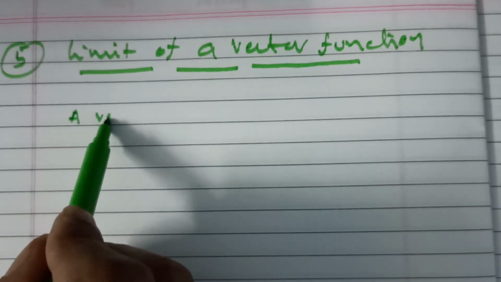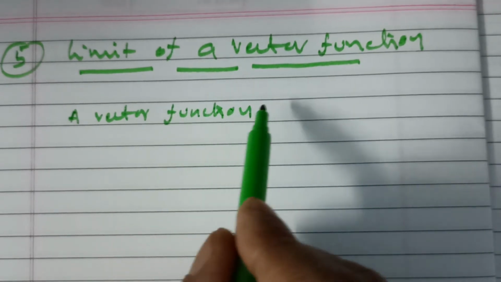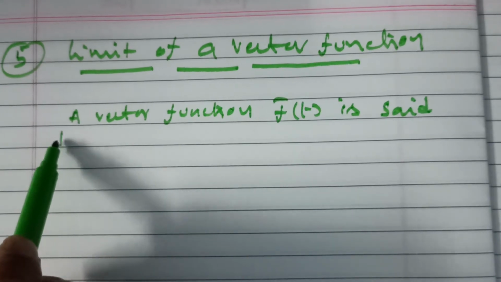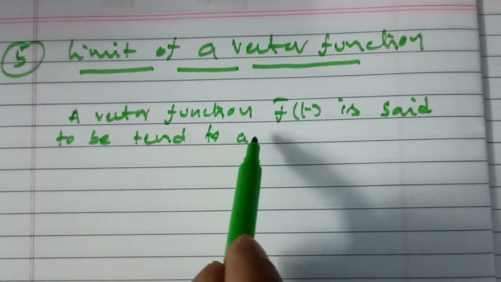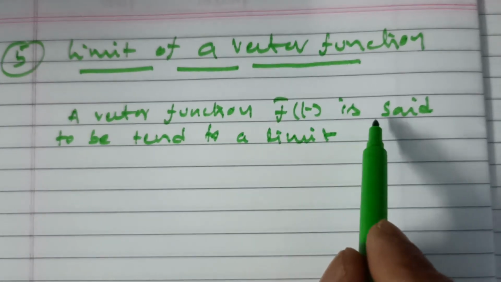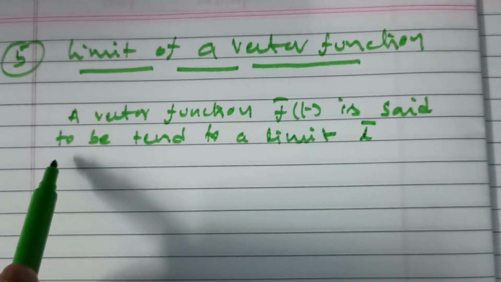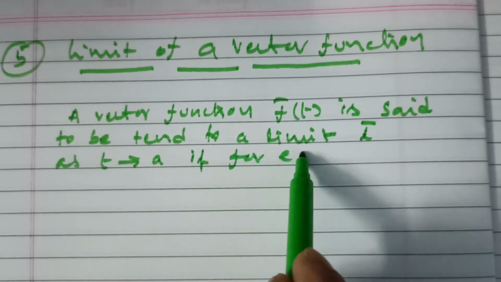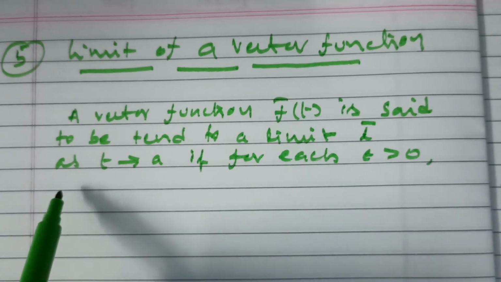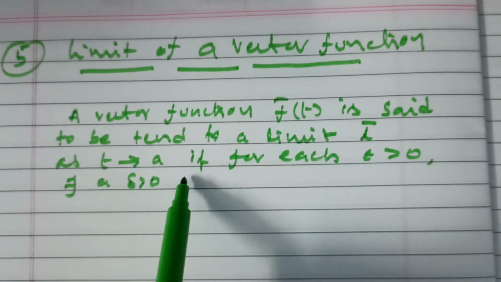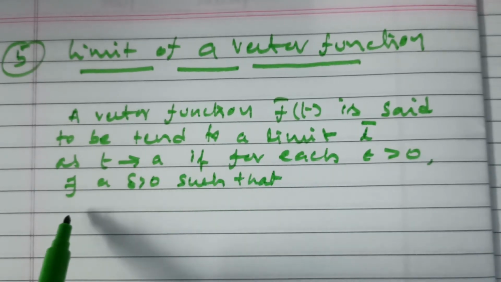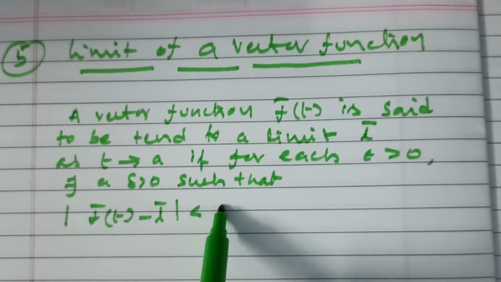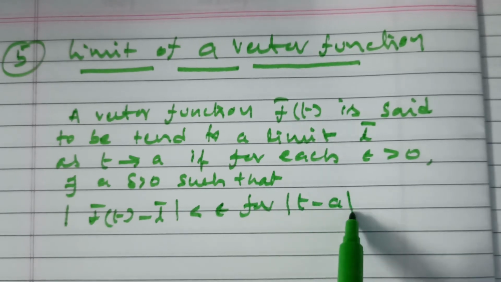A vector function f bar of t is said to tend to a limit L bar as t tends to a, if for each epsilon greater than 0, there exists a delta greater than 0 such that mod of f bar of t minus L bar is less than epsilon for mod t minus a less than delta.